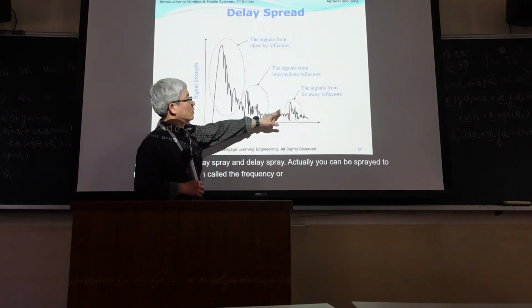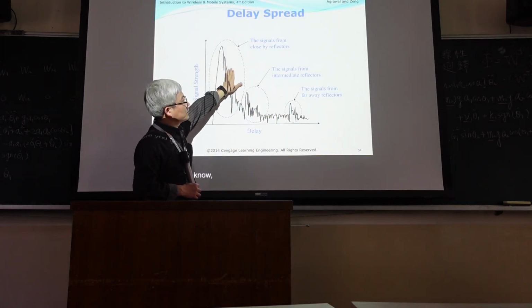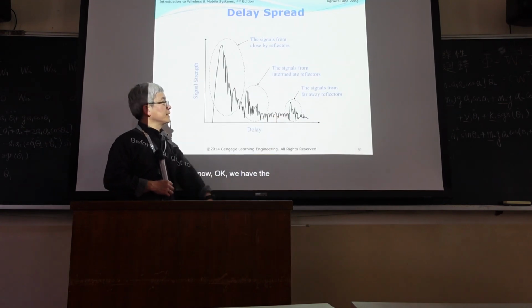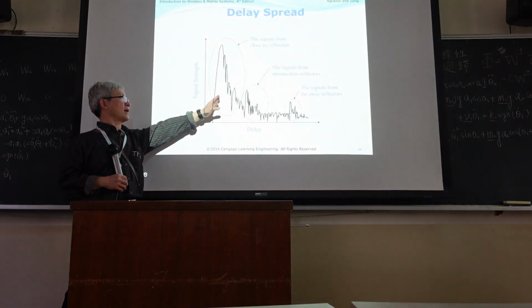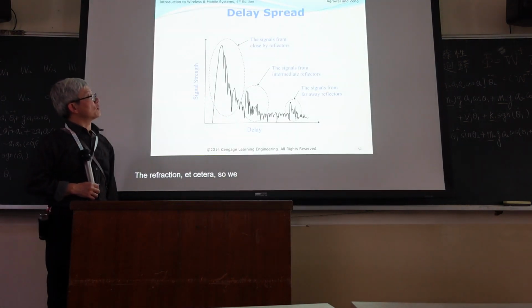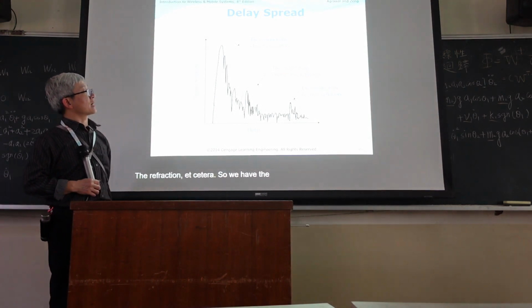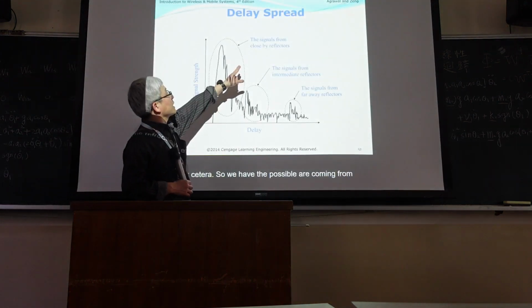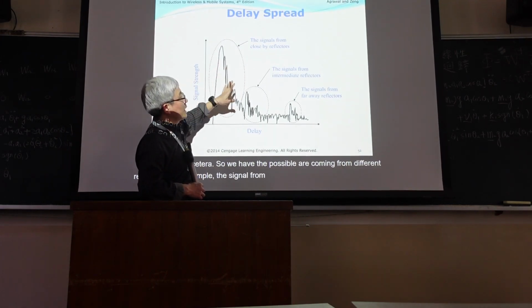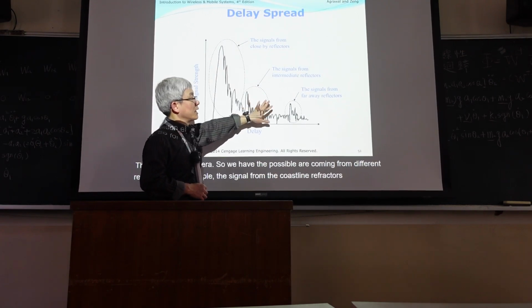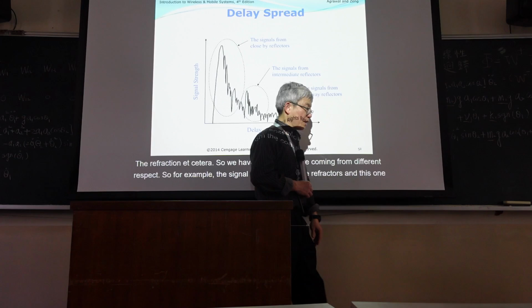And here you then know, okay, we have different situations because of reflection, etc. So we have possible waveforms coming from different reflectors. For example, the signal from the close-by reflectors, this one from an intermediate reflector, and the others from far away reflectors.